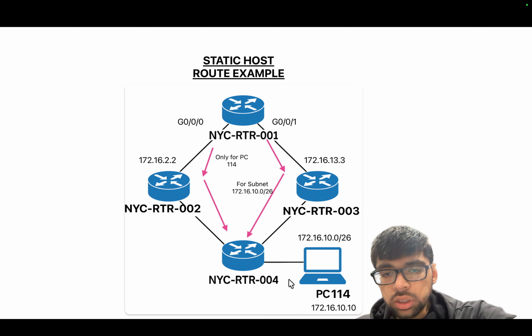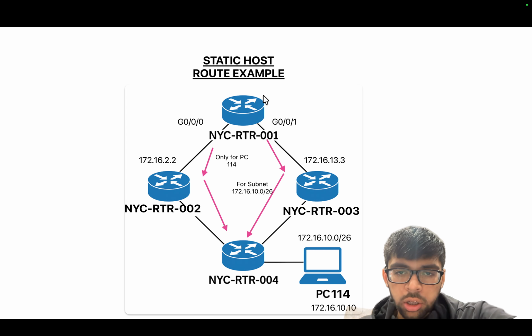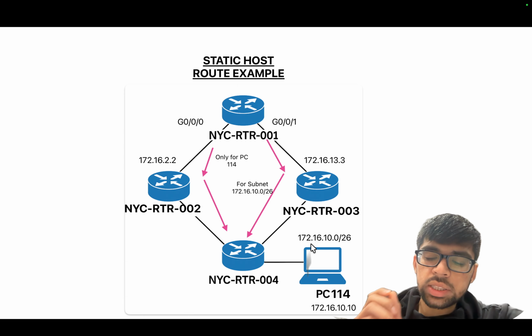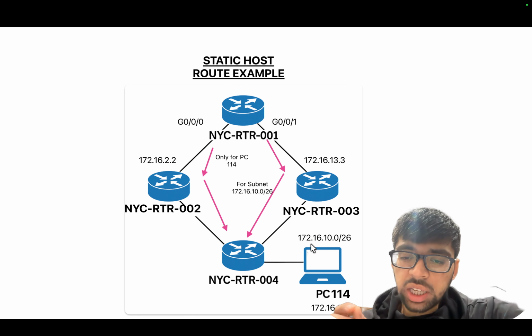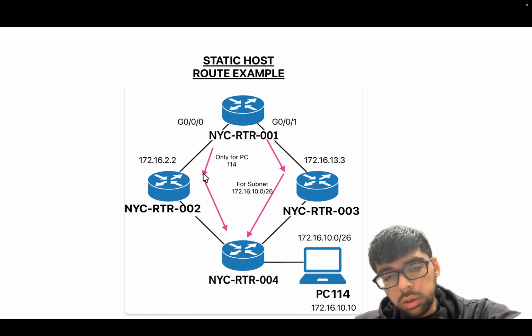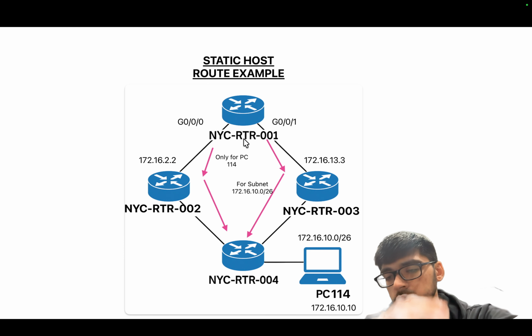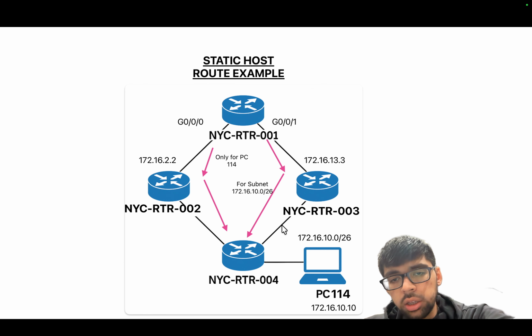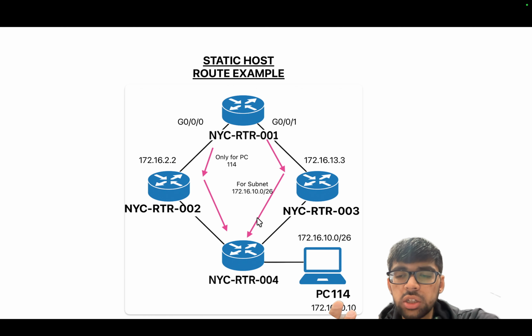Otherwise, for anything else for this subnet 172.16.10.0/26, send it via this route. This is the route that's normally going to be taken, but only for the very specific case where you're sending to PC 114 would you take this route via router 2 and router 4. Otherwise, use router 3 and then go to router 4. So that's basically static host routes.